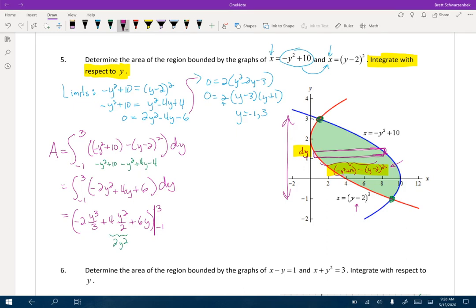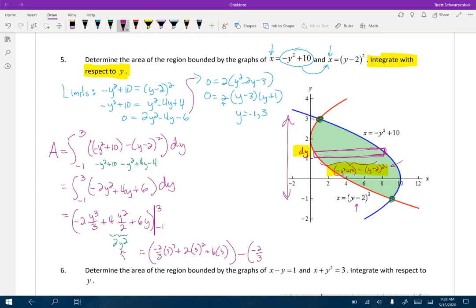So let's go down here since we need a lot of space. For our first quantity, this is going to be enormous. We're going to do negative 2/3 times 3 cubed, plus 2 times 3 squared, plus 6 times 3, minus the same thing but with negative 1.